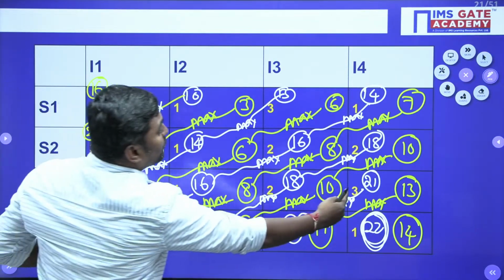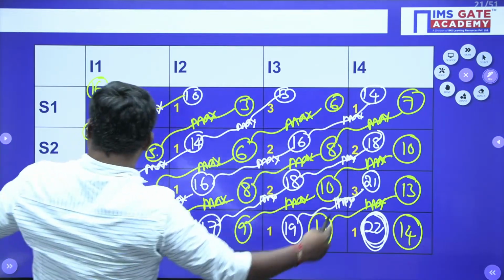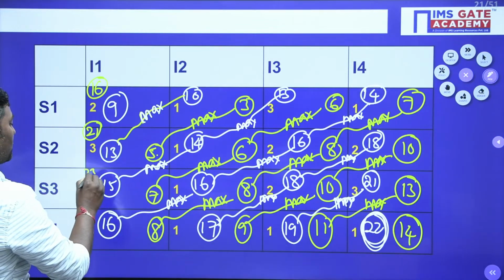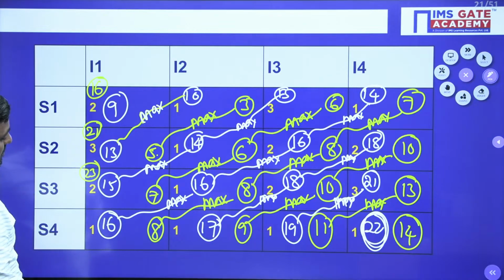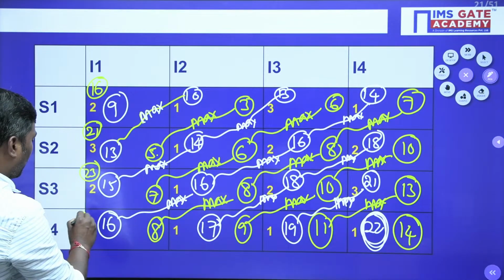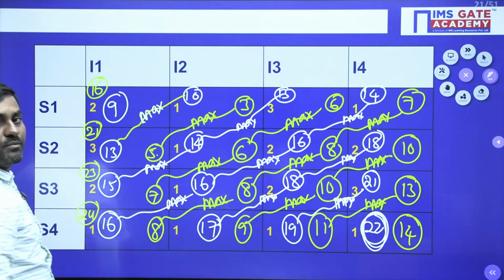When I4 is free from S3, 21 only, it is also ready at 21. So maximum is 21, 21 plus 2 is 23. Here it is completed at 22, it is completed at 23, 23 plus 1 is 24. Now this is column updation.